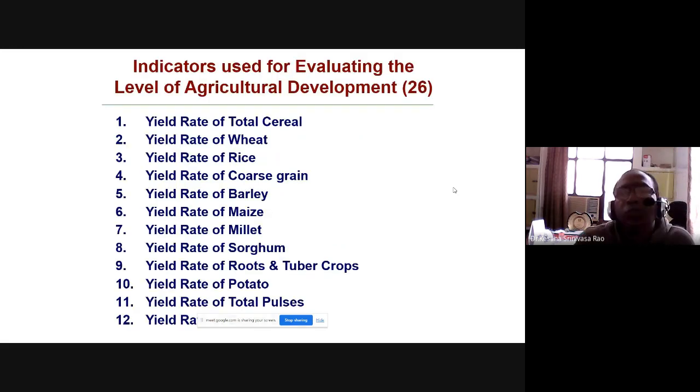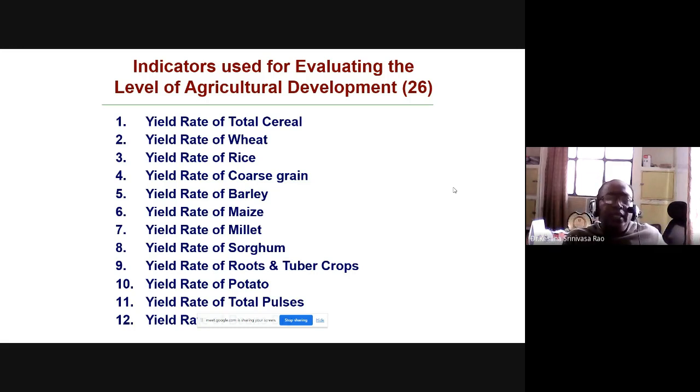The indicators used for evaluating the level of agriculture development number 26. So wherever you want to measure agriculture development, these indicators are very, very useful. This is what you people have to understand and try to remember.